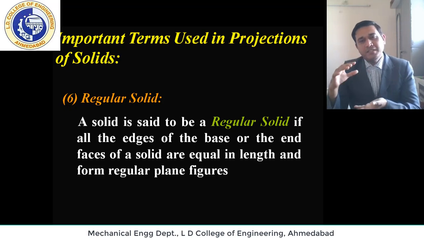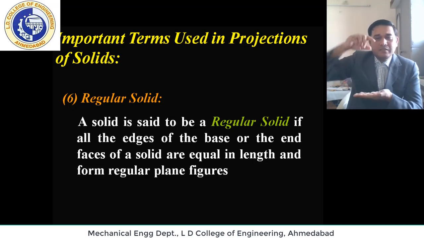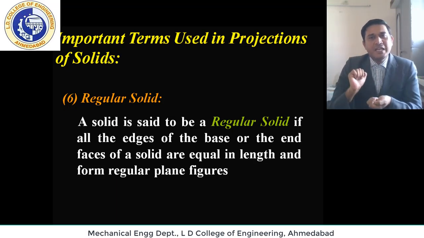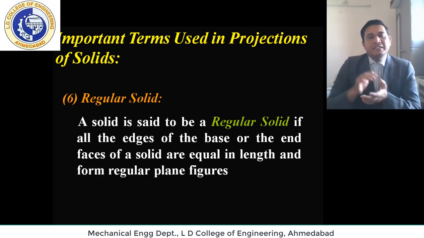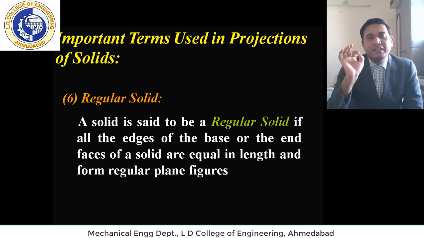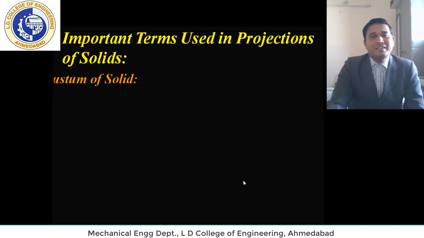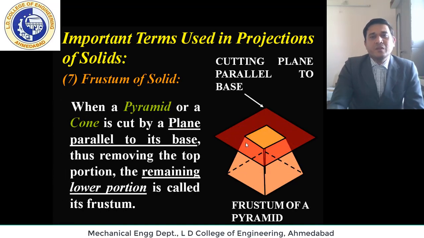In the case of the prism, there are two bases or end faces, the top base and bottom base, and in the case of the pyramids, all the edges of the base are of equal length. Then it's called a regular solid.